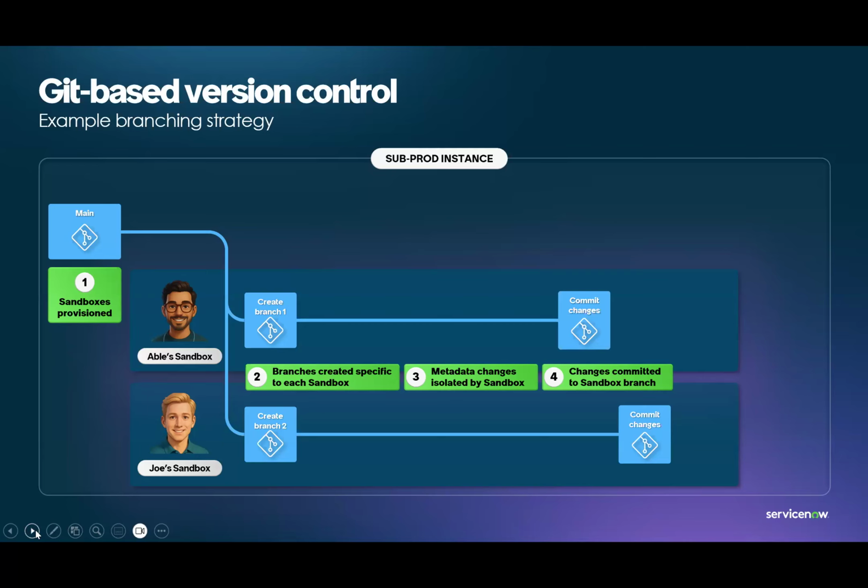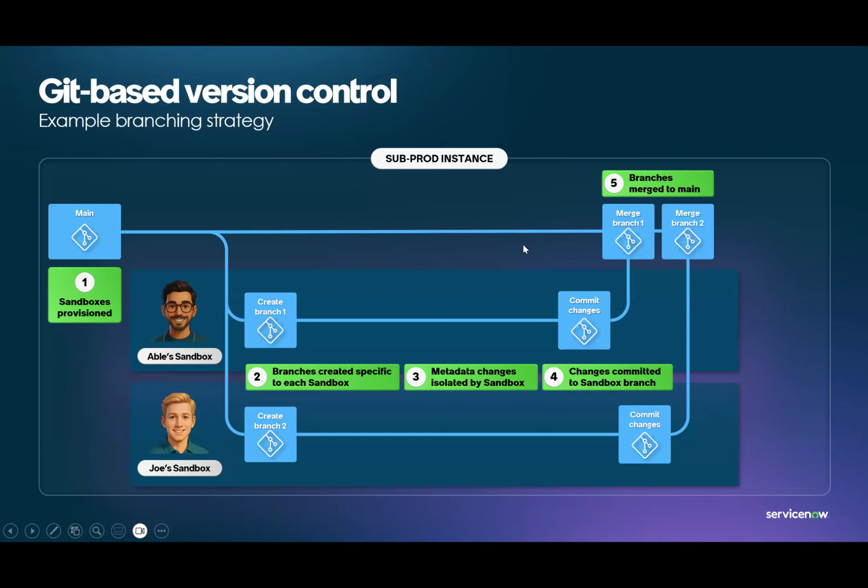And now, when one of their tasks is complete, they can commit the change to their sandbox branch, and then you can use Git to determine the order and the time when you want to merge all of these changes. And so you can see here kind of how powerful of a concept it is. And this is maybe the simplest branching strategy that might make sense here.